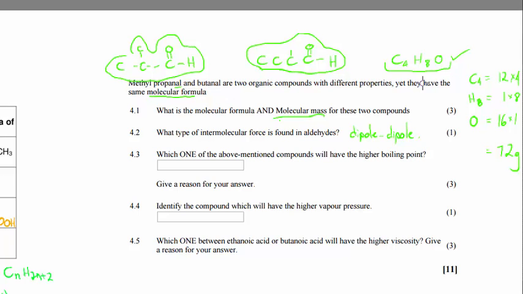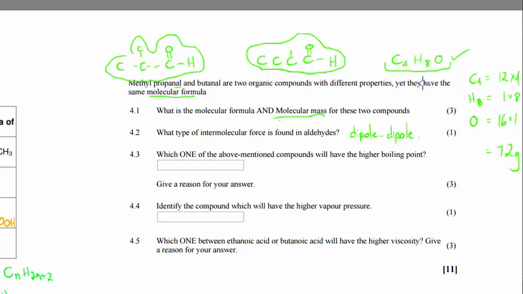So you are right, it is butanol, but what is the correct reason? Why does butanol have a higher boiling point? Because it needs more energy to break the bond between the carbon atoms. No, you're again going in the wrong direction.